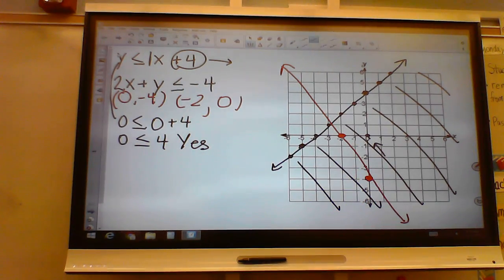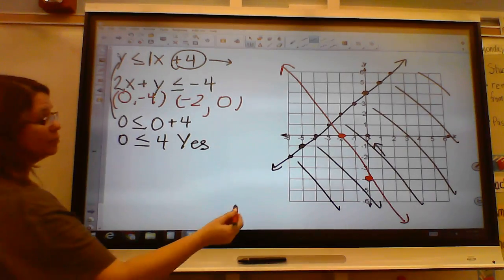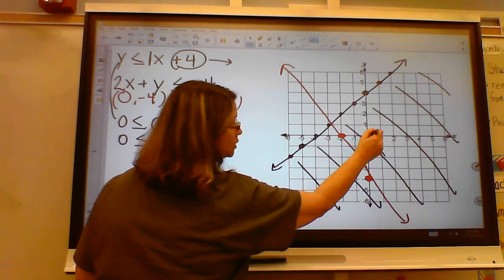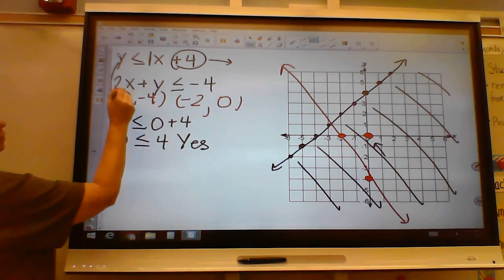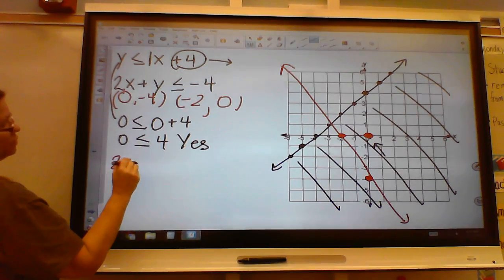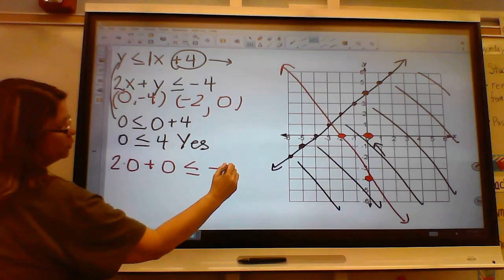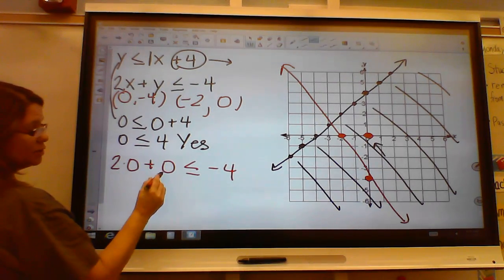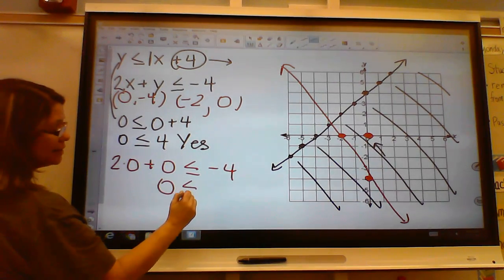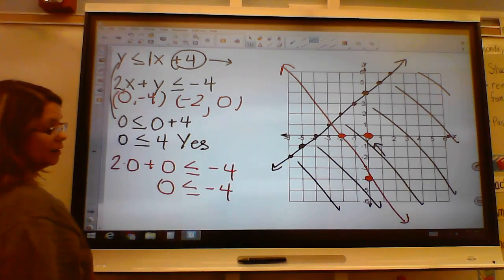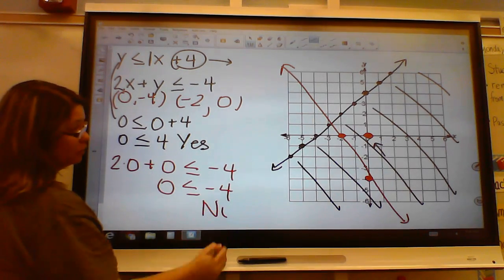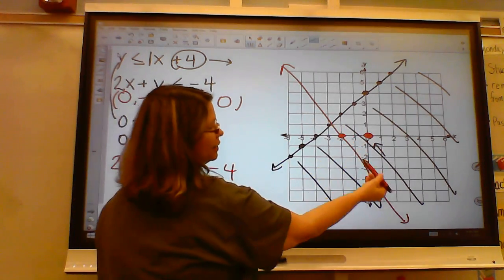But now we have to shade. So again, if I plug in (0, 0), I'm going to put a 0 in place of that guy: 2 times 0, plus 0, less than or equal to -4. 2 times 0 is 0, 0 plus 0 is 0, is 0 less than or equal to -4? Unfortunately, that's a no. So keep in mind, here's the red line.